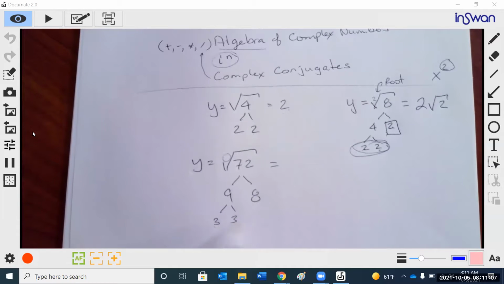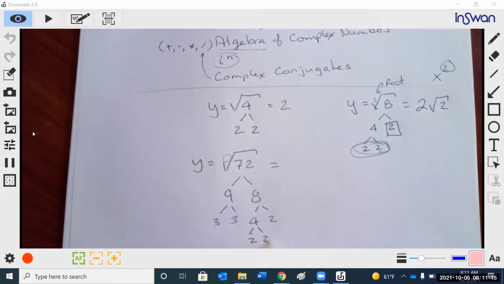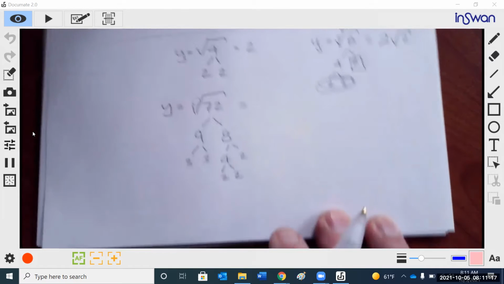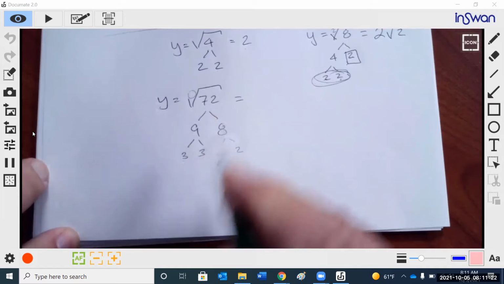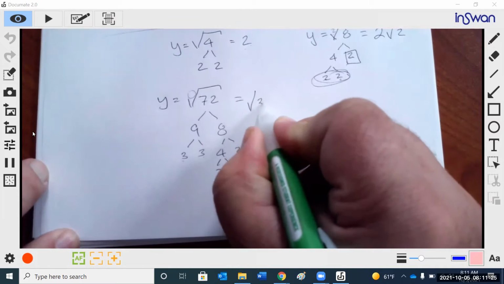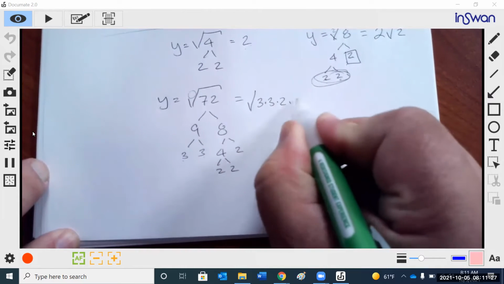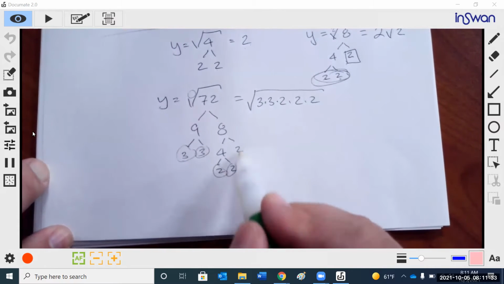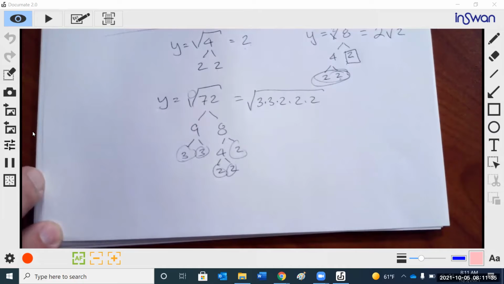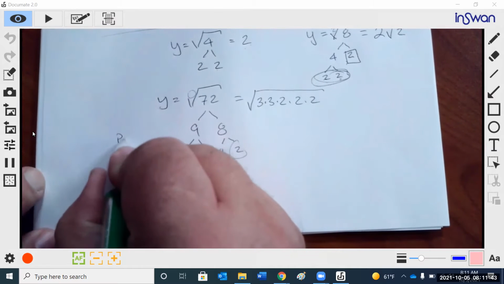They're prime numbers now. 8 is made up of 4 times 2, but 4 can go further. So 72 is made up of 3 times 3 times 2 times 2 times 2. Look at the end numbers. So far, so good. So we'll break it down to its prime numbers. It's called prime factorization.